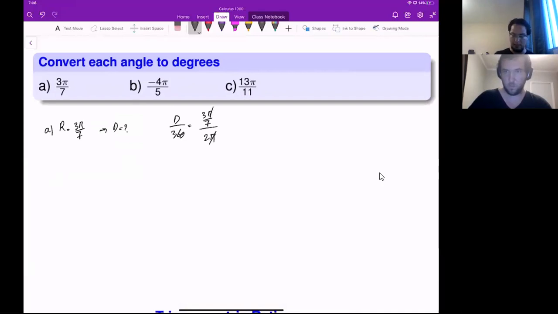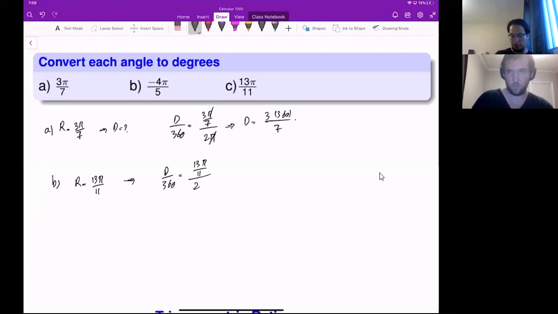The pi's cancel, and then we have d equal to 3 times 360 divided by 7. So let me just do one more, maybe this one. r is 13 pi over 11, then d over 360 is equal to 13 pi over 11 over 2 pi.